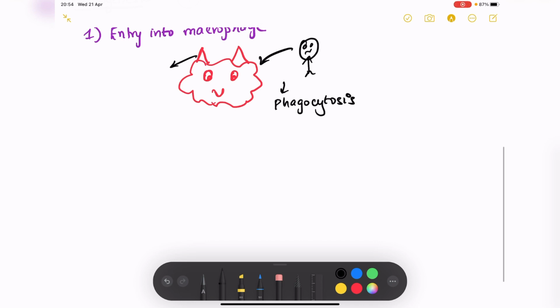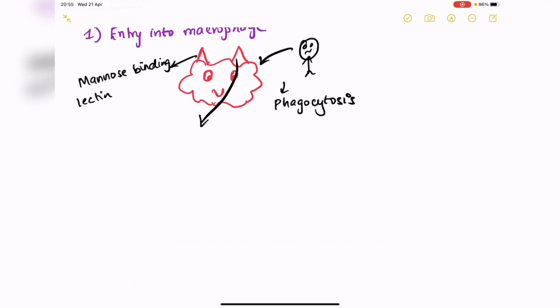Can you see these 2 horns here? These have names. One is called mannose binding lectin. The other one is type 3 complement receptor.